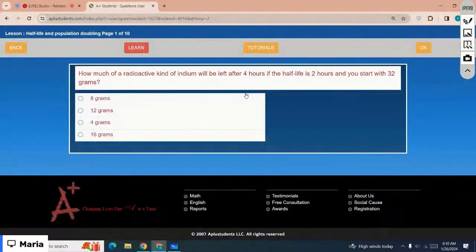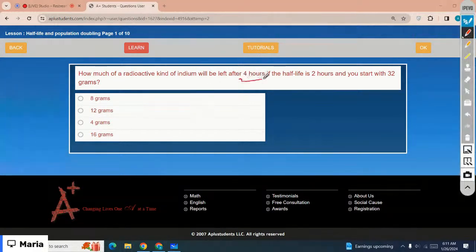Just listen to me carefully and focus on the question. How much radioactive indium will be left after 4 hours if the half-life is 2 hours and you start with 32 grams? You need to calculate after 4 hours how much indium you have left, right?